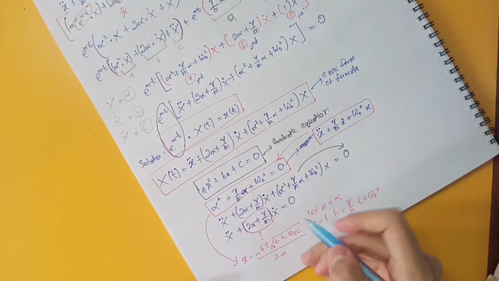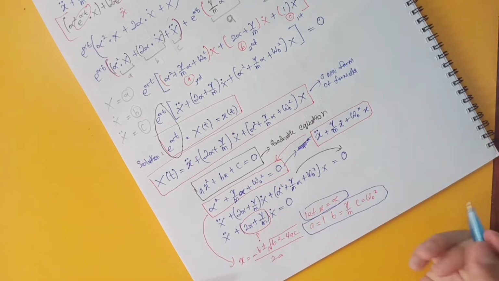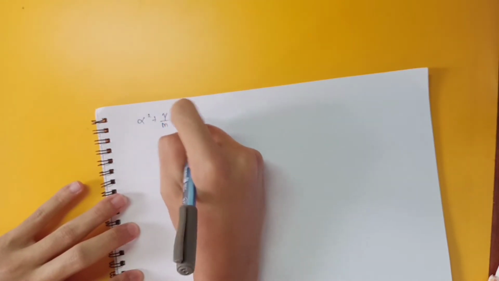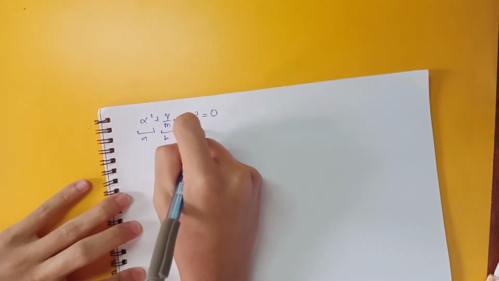Please bear in mind here, I'll write it back. So alpha squared plus gamma over m alpha plus omega naught squared. Here is the a, here is the b, here is the c.